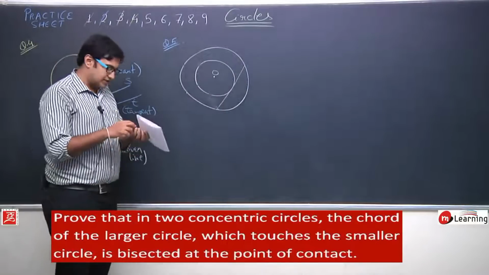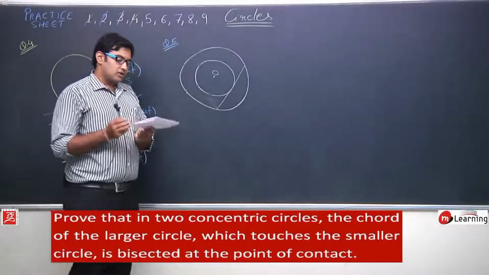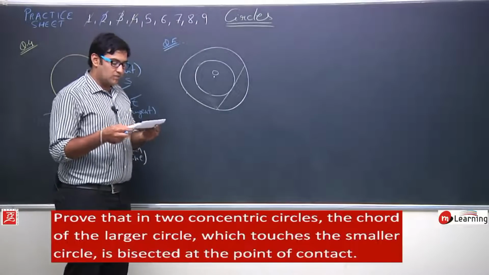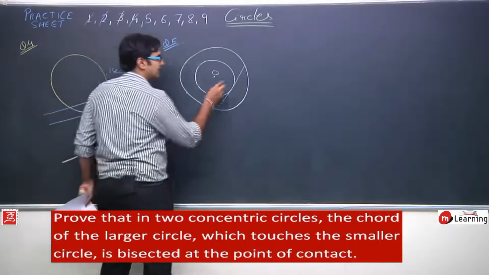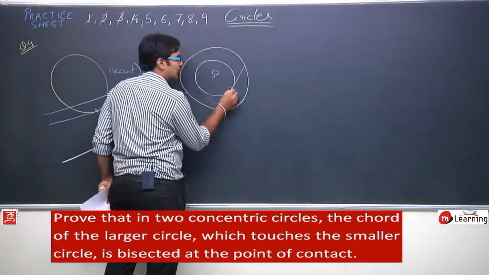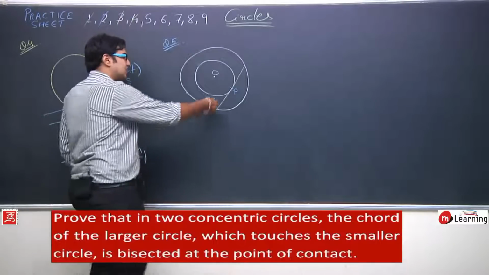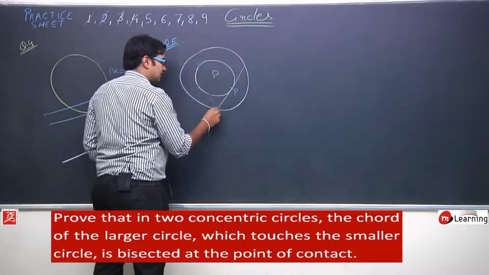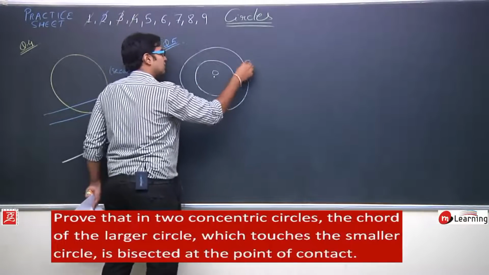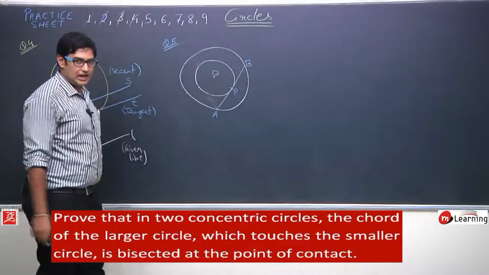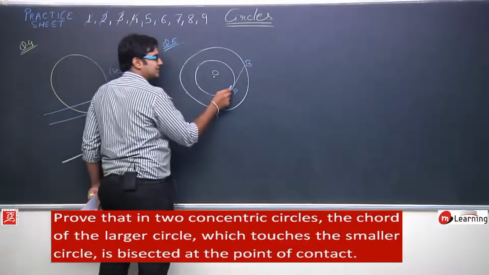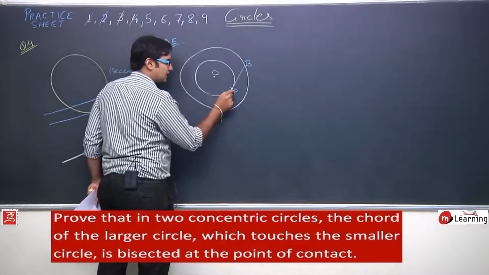This is a chord which touches the circle. We need to prove that this chord is bisected at the point of contact. This is the point of contact, let us say P. Let us say the chord drawn to the larger circle is AB. So AB is a chord and this chord is a tangent to this inner circle at point P.